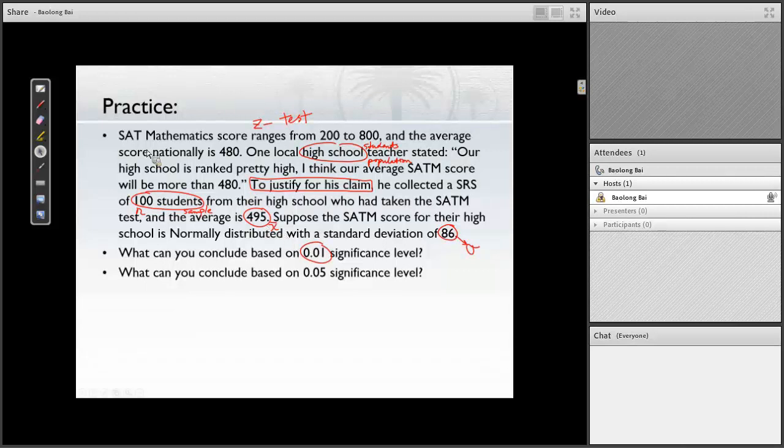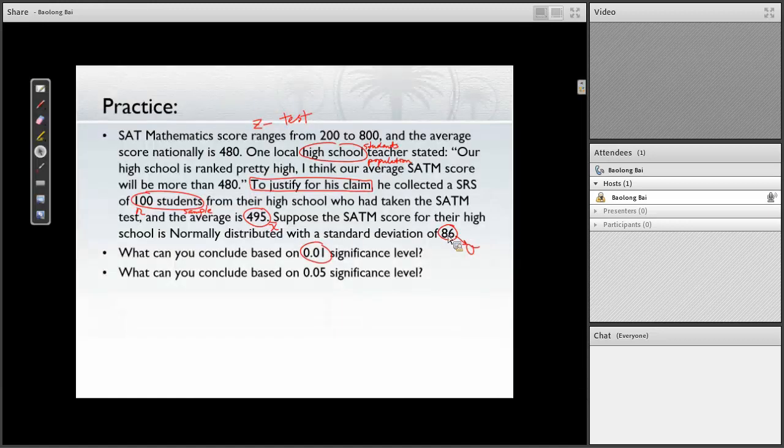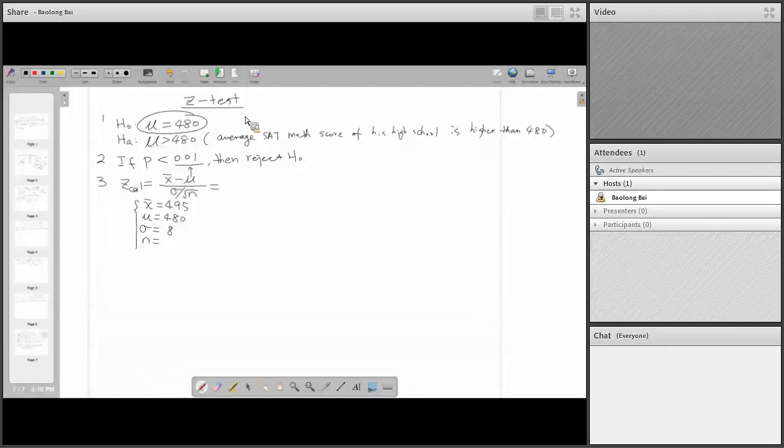Okay. So now if we go back to the process here, x bar 495, mu 480, we need to assume the null hypothesis is true, right? Sigma is 86, and n is 100.